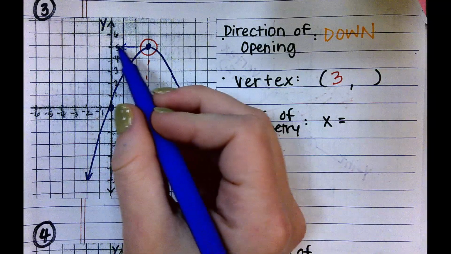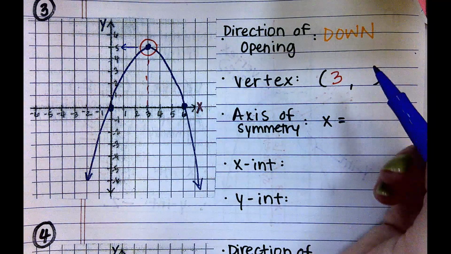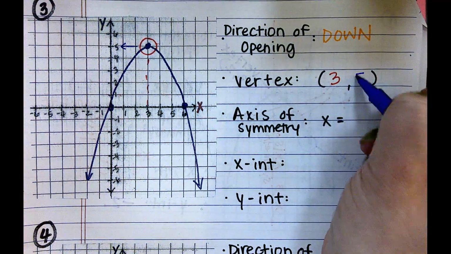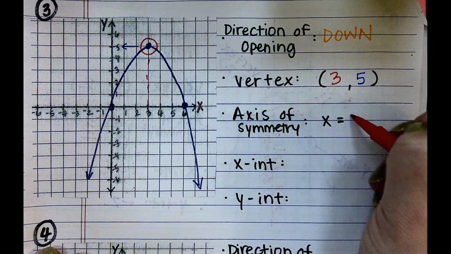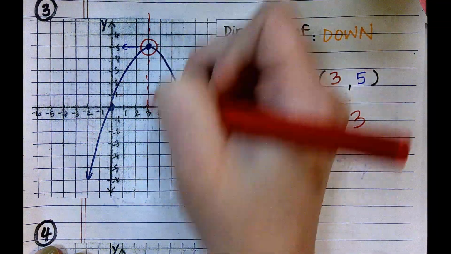Five right here. Do you see it? Okay. Axis of symmetry. 3. Good.